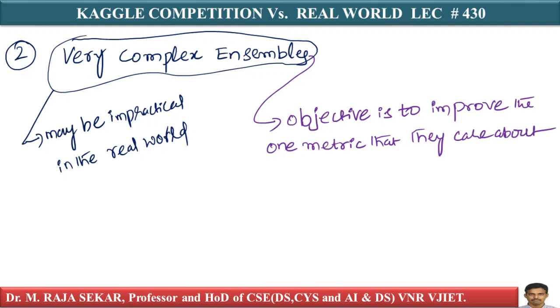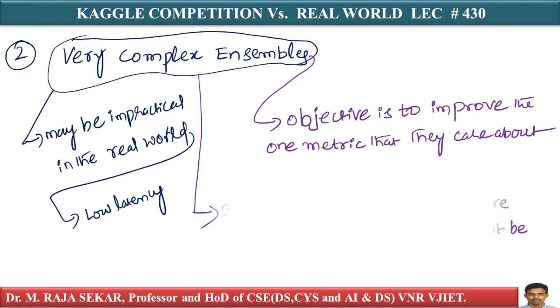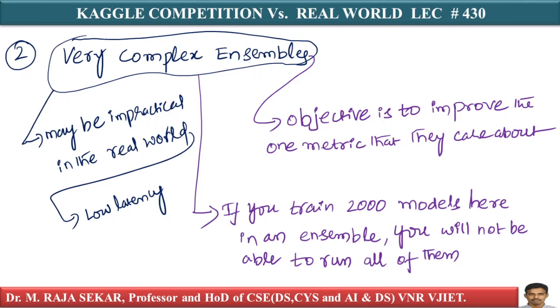Because you might have a low latency requirement. If you have trained 2000 models in an ensemble, you will not be able to run all of them. Imagine the training time required. In the real world, you might want interpretability, especially in the medical domain. Kaggle does not care about interpretability, training time, and low latency requirements.